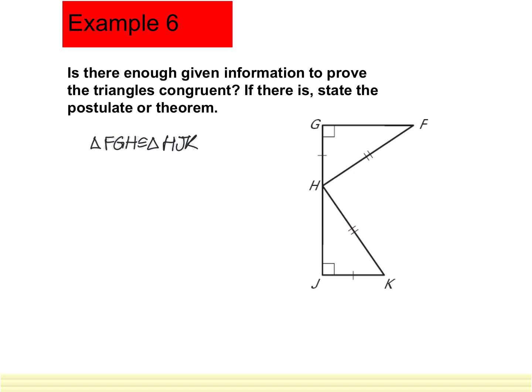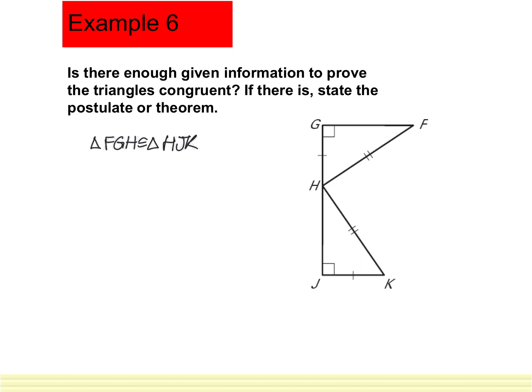All right, so go ahead and highlight, match, figure out what information you need, and tell me what postulate, meaning is it side, side, side, or HL? All right, looking at this one, they're only giving you 2 sides, so you only need 2 sides for this, not 3.